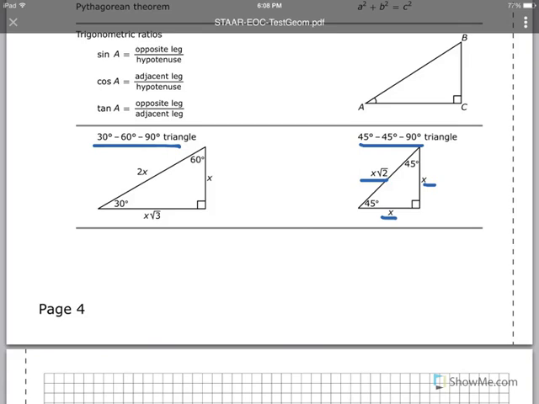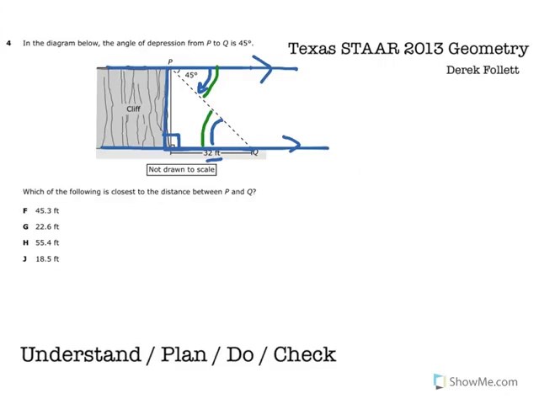So let me go back to my problem. I've got my leg length is 32. So to find the length of the hypotenuse here, all I got to do is take 32 and multiply it by the square root of 2.